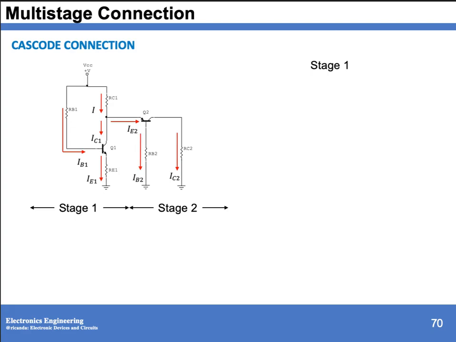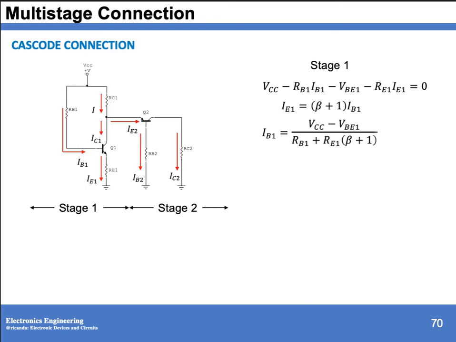So at the input of your stage 1, applying KVL, we have VCC minus RB1 IB1 minus voltage base emitter 1 minus RE1 IE1 equals 0. And we have to express IE1 in terms of IB1, so that is beta 1 plus 1 IB1. Since if it is a common base, the ratio will be alpha, so we just call your ratio in your transistor 1 as beta.